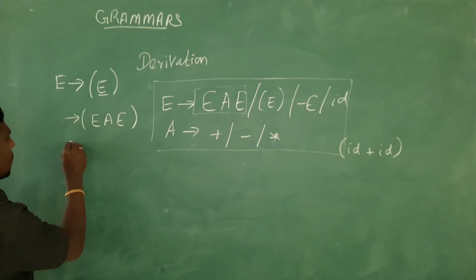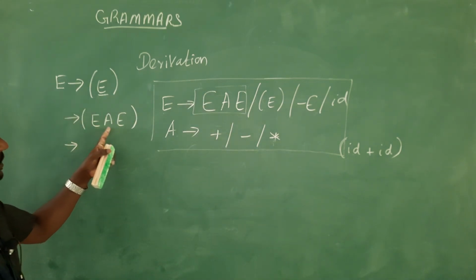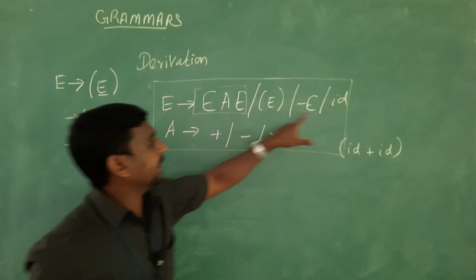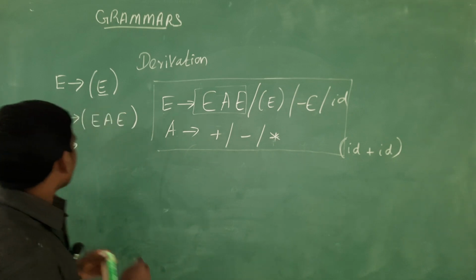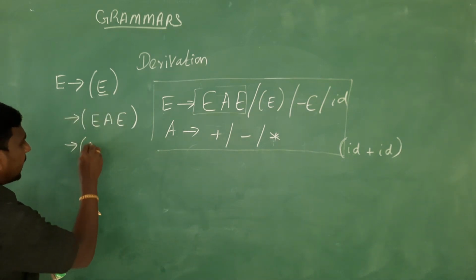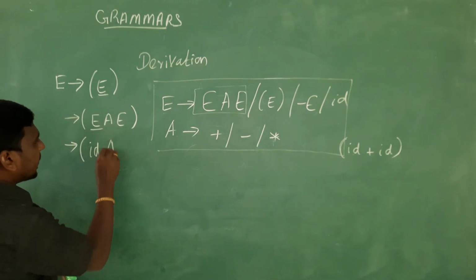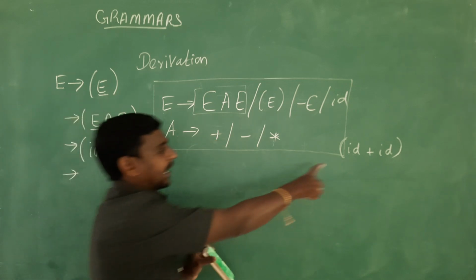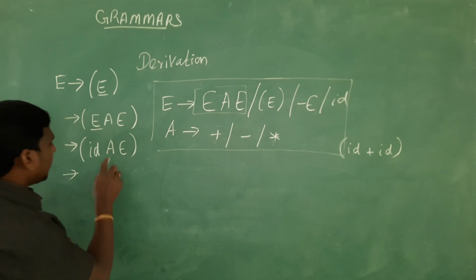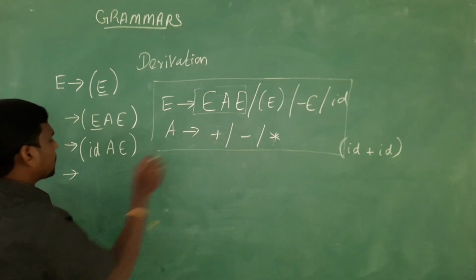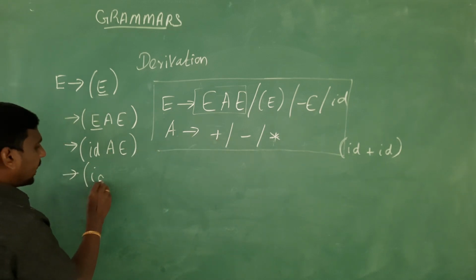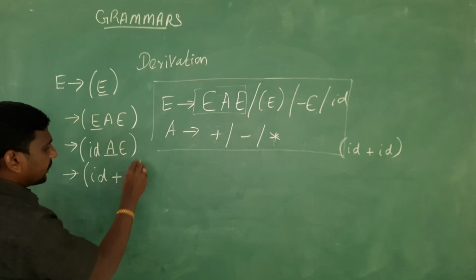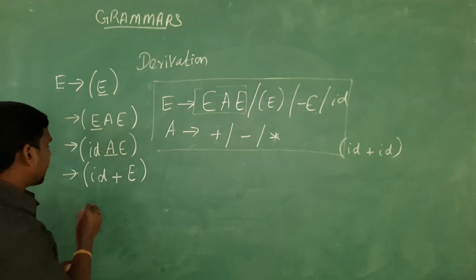Now EAE, so I need ID plus ID. For E I have ID, one production is there. So instead of this E, I can put ID, and A is there, E is there. Now for A I need plus, right? So for A I can expand this production. So open brace is there, ID is there, for A I am going to substitute plus. One by one only you can expand.